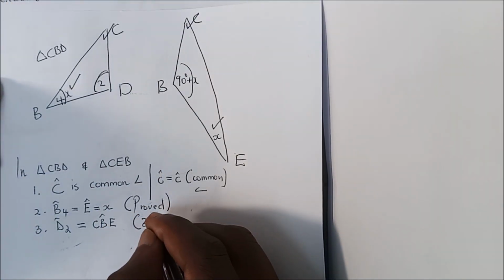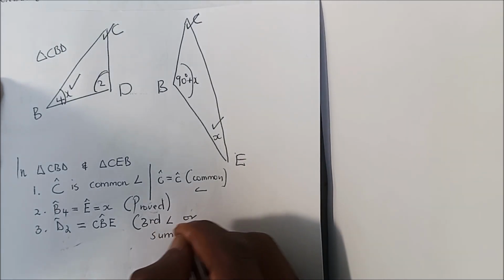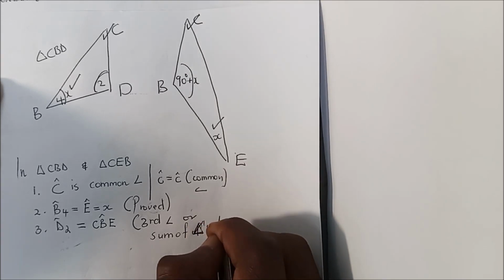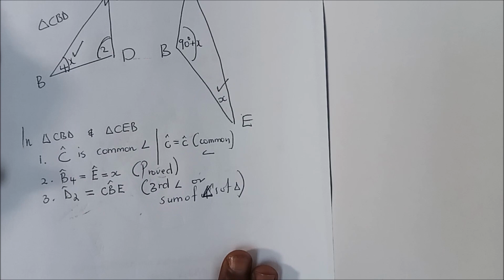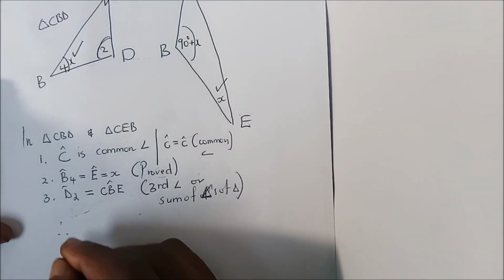Reason will be third angle, or sum of angles of a triangle. So you will decide which one you prefer. So now, how many conditions do we have? We have 3. So therefore, we write our conclusion.